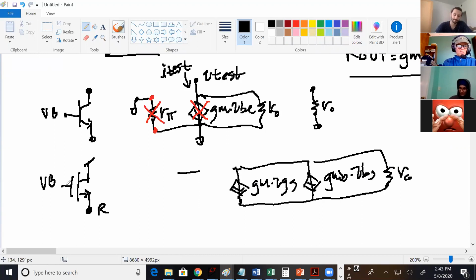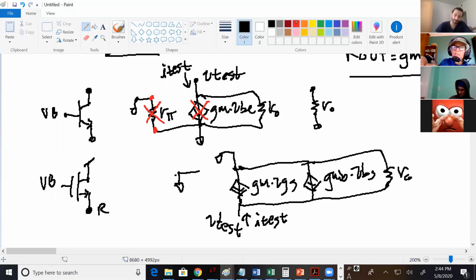Since there's a DC voltage on the gate, that gets grounded. And since the drain is also connected to a DC source, that also gets grounded. And then your actual I test and V test are on that node.